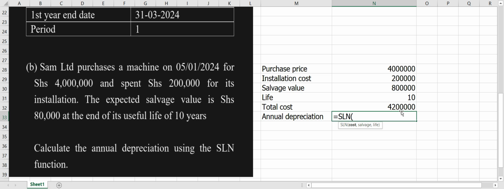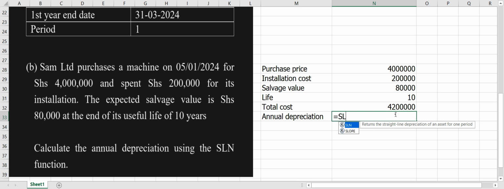The cost is 4.2. The salvage is 800,000. In fact, it is the salvage. The salvage is 8. I think I need to do some editing here. The salvage is 800.